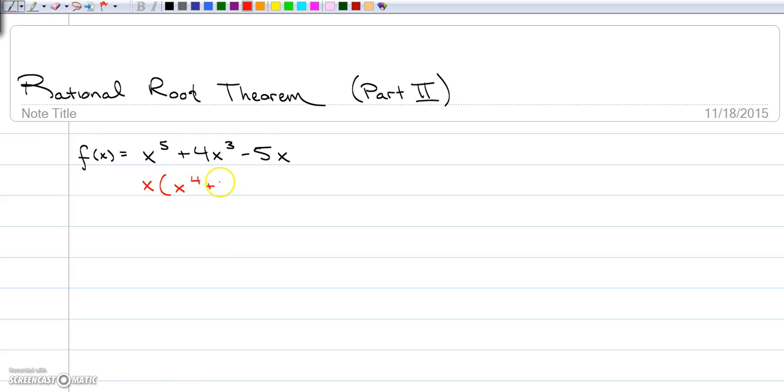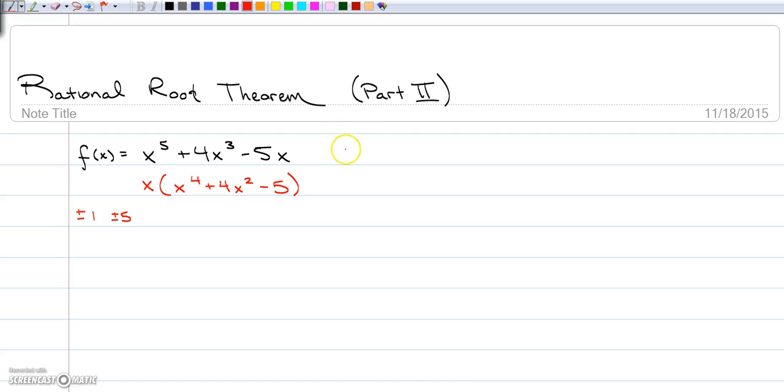If I do that, now there is a constant. This is what I'm going to set up for my synthetic division. The numbers that I should possibly choose are only positive or negative 1, positive or negative 5. Those are some pretty good choices, and we'll be able to do some pretty good work because of those.